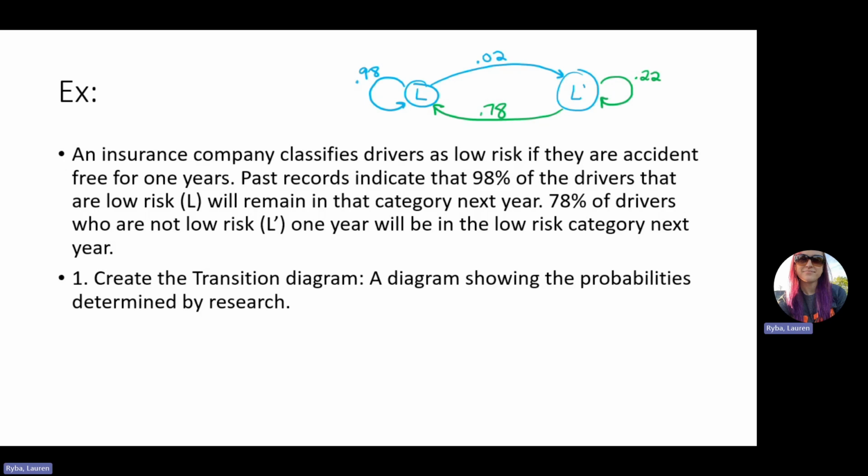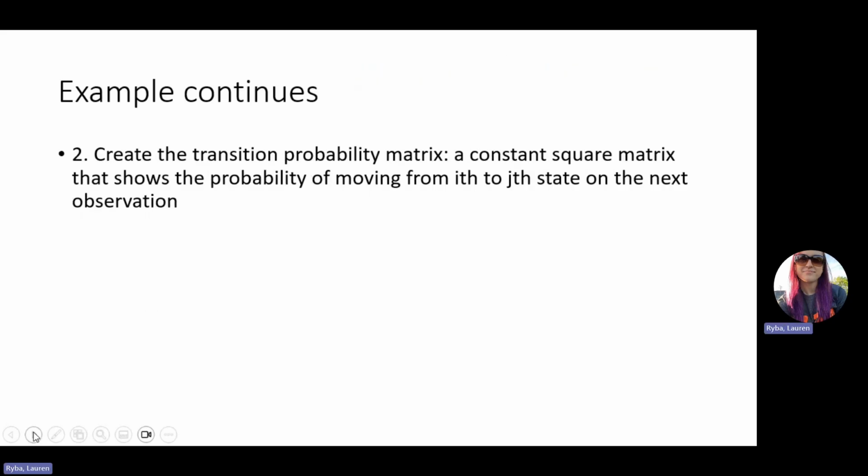Now, we can take this and turn it into what's called our transition probability matrix. Our transition probability matrix is going to be a constant square matrix that shows the probability of moving from one state to another state, or the ith state to the jth state on the next observation. So basically, we're just going to put all those numbers into a matrix now.